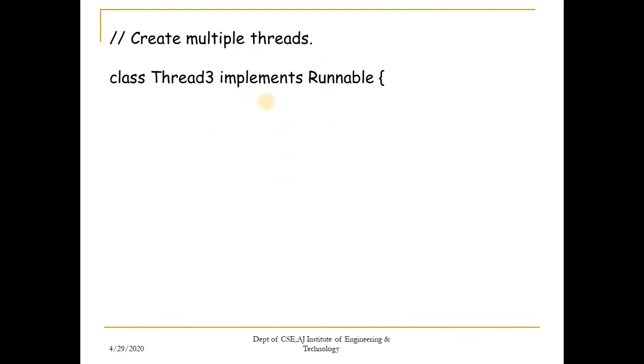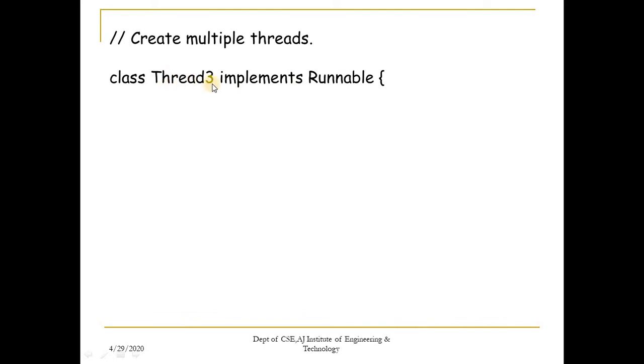In almost all the examples we are going to implement the Runnable interface for creating threads. So in this example also we are creating the thread by implementing the Runnable interface.